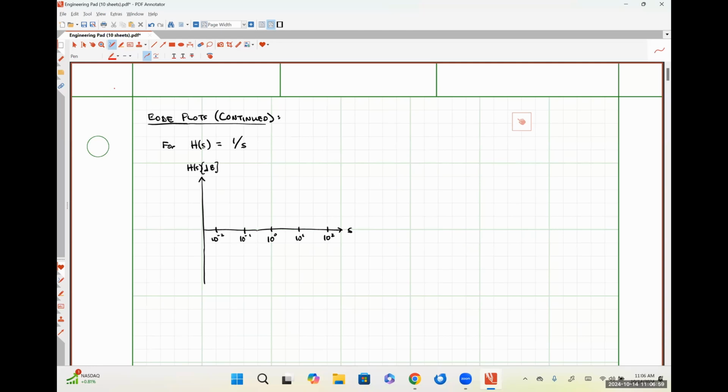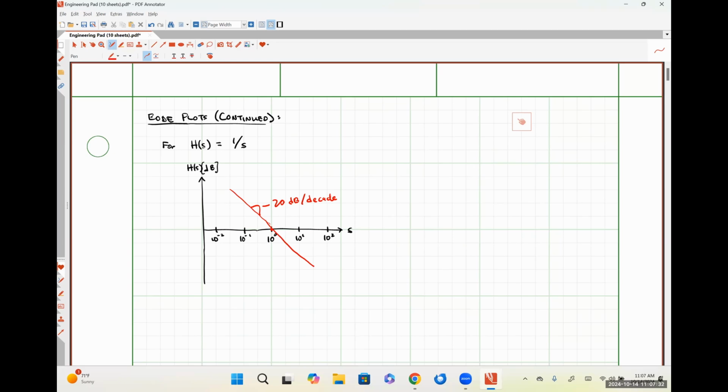And our frequency response crossed our horizontal axis at s equal to 1, or right here, and it had a slope of negative 20 decibels per decade. So that's what we saw. Then we worked a couple of little examples.